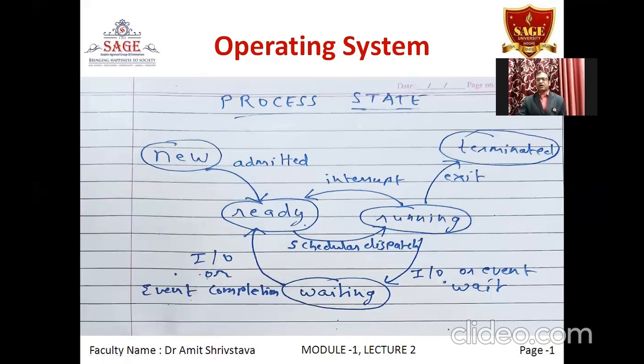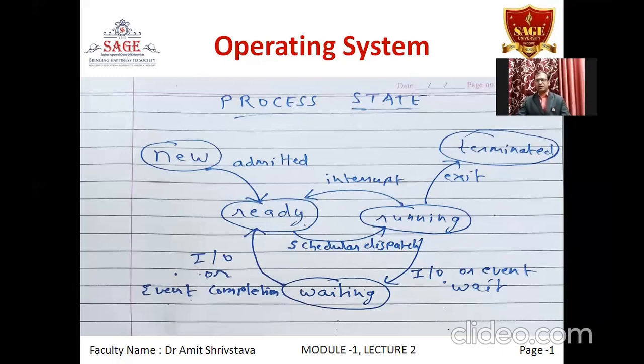So depending on the kind of scenario, the processes will go from the running state to the waiting state, and after waiting, they will go back into the ready state, or the processes can go from the running state directly to the ready state. As we can see here, for the processes going directly from running to ready state, we have written interrupt there.